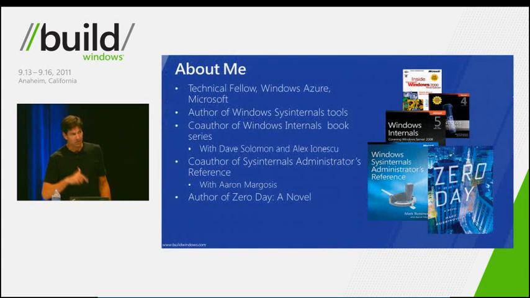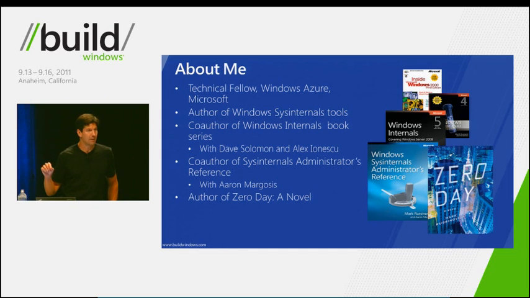For those of you that weren't in the previous session, this is just a bio slide. My role on Windows Azure is I'm architect of a component called the Fabric Controller. The Fabric Controller is something you're going to be learning about as we go through this talk. And as the architect, I help define where the Fabric Controller is going, the kernel of the cloud operating system, what features we're going to put in place.